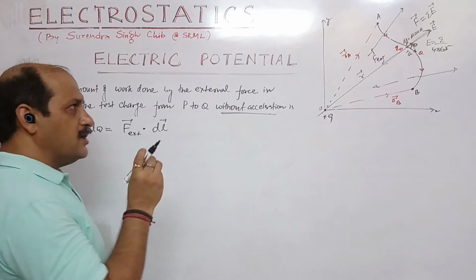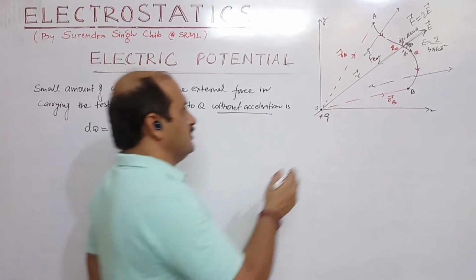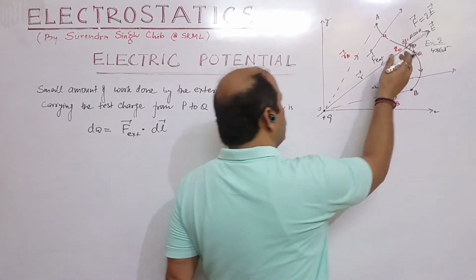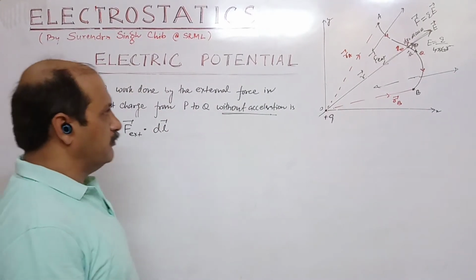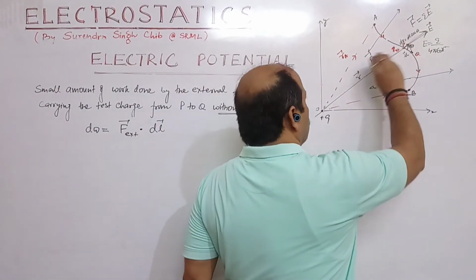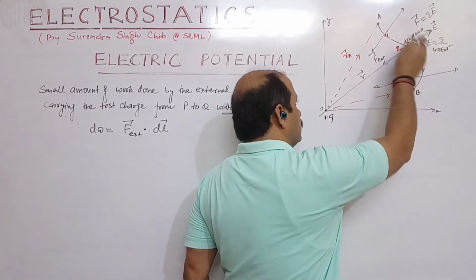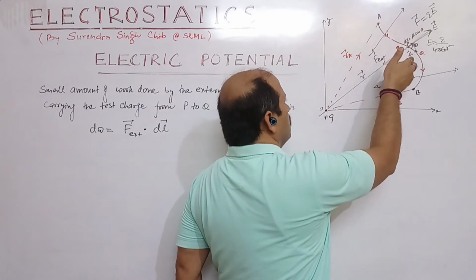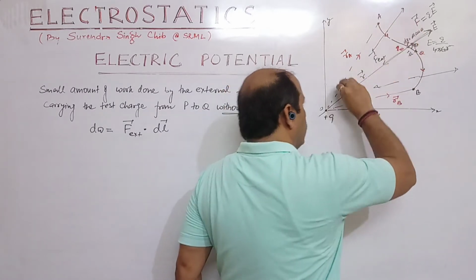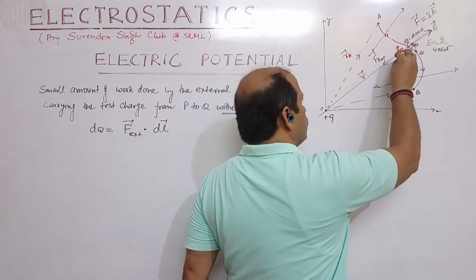It's slowly and slowly we are moving it, and for this movement PQ we don't need any force, or you need a negligible force for that. So therefore don't consider how it is moving from P to Q, or you can say it is because of the momentum gained earlier. So here we are concentrating over that.